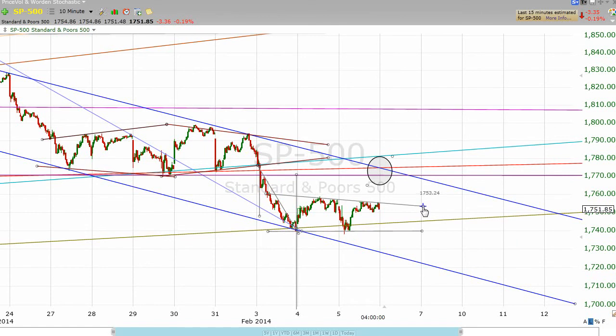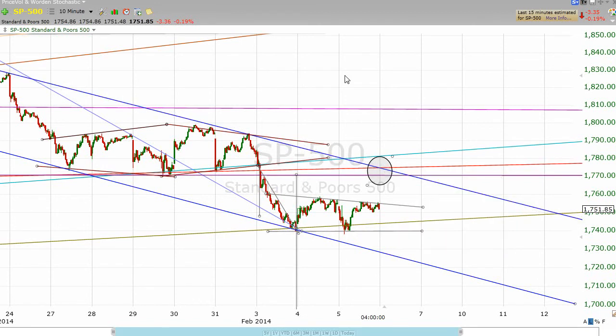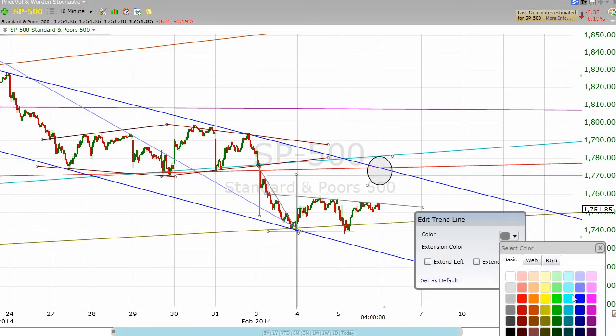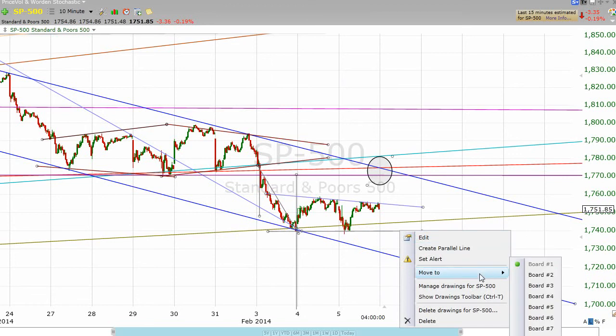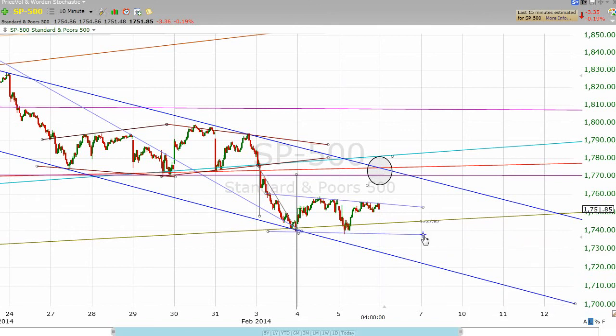I think this could be the setup just to come up and test this resistance level up here around 1770, 1772, something like that. No guarantees that's going to happen, of course, and since we're still in this channel, if we do break out of this little pattern, I would not ascribe too much significance to that alone.